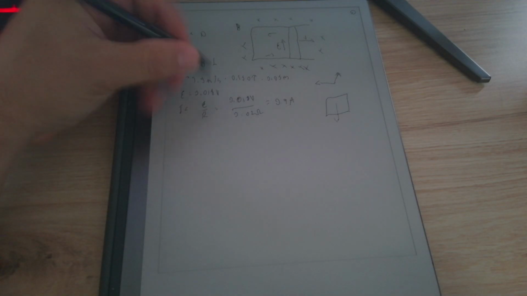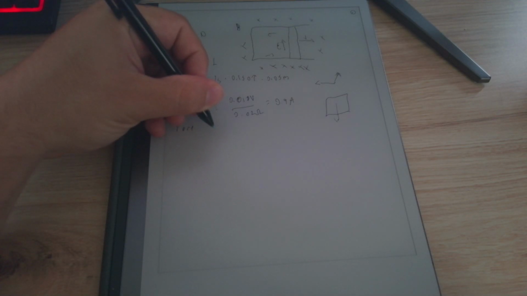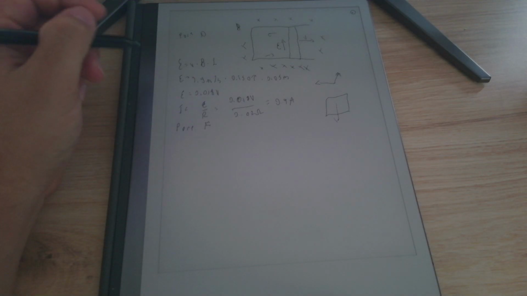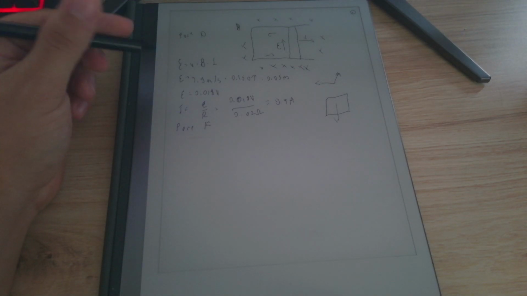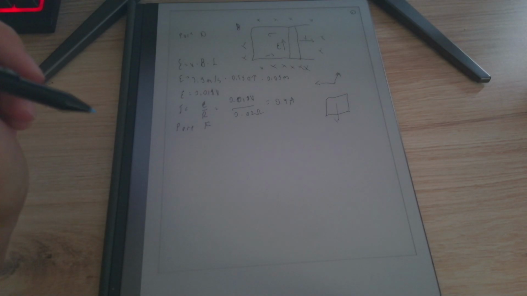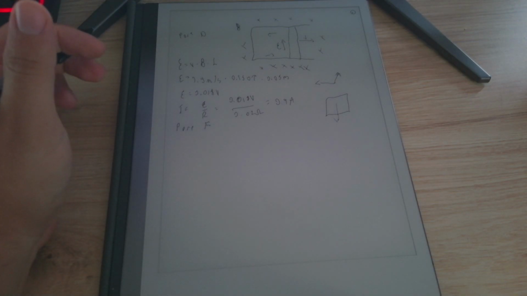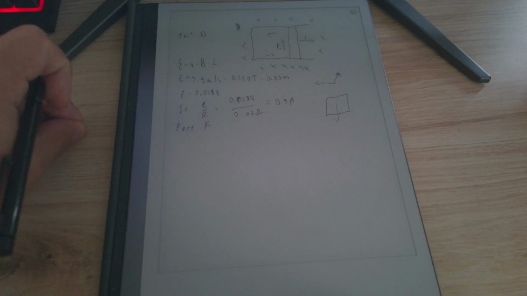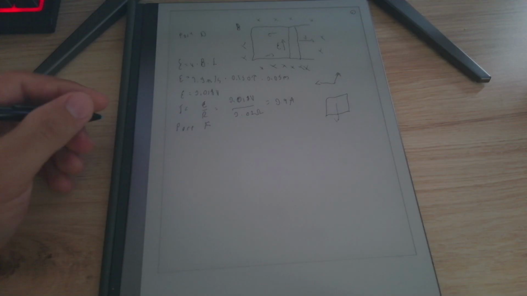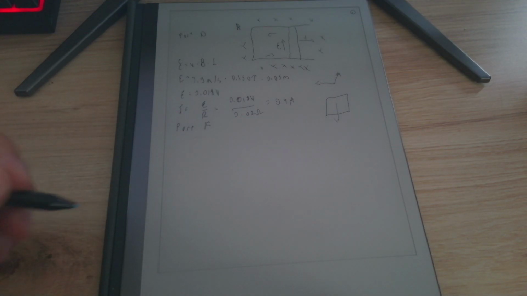So now we're going to move on to part F, where it's asking: an isolated conducting rod of length 8 centimeters is oriented parallel to the x-axis. At time equal to 0, the end A is at x, y, and z all equal to 0. And the end B, which is at 8 centimeters, has x equal to 8 centimeters, and y and z at 0.